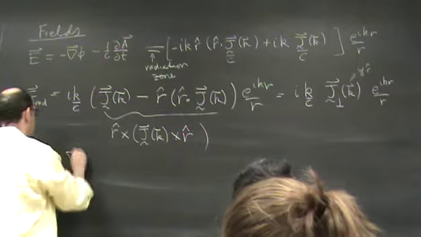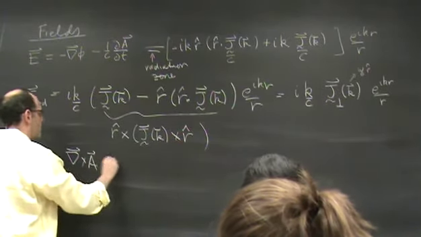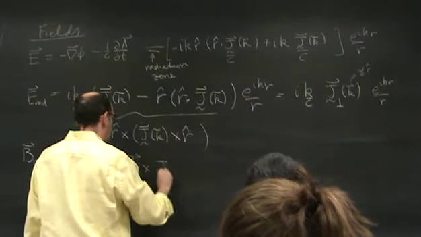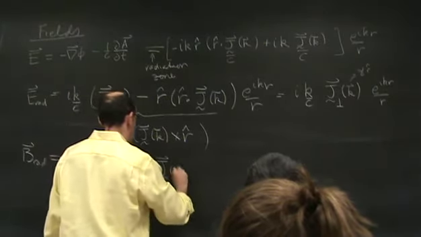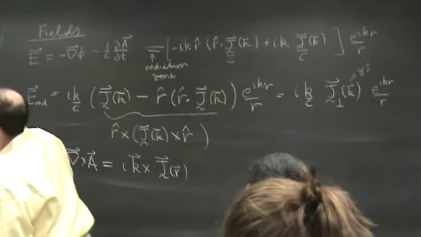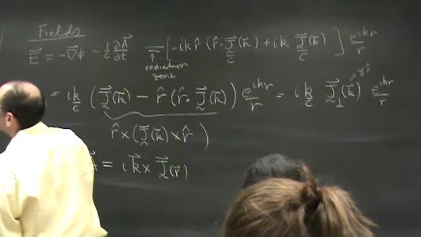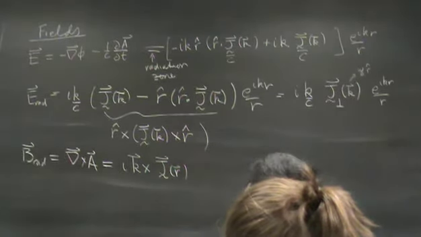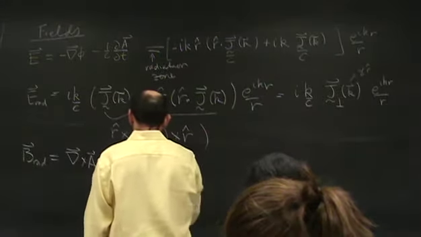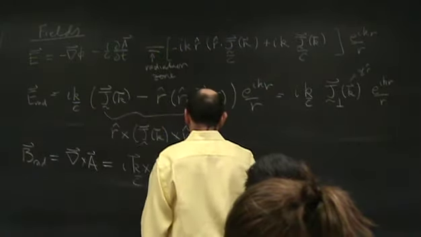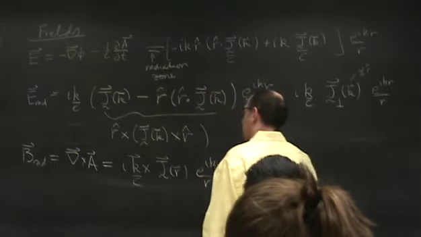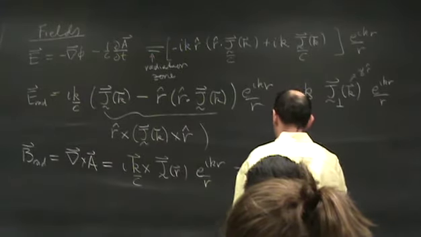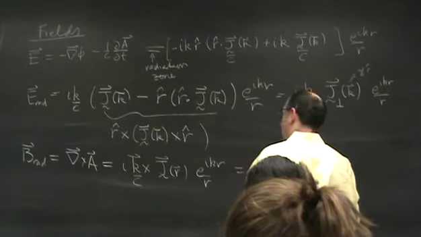Well, the magnetic field is just del cross A, which is i k crossed into J, using the vector potential over here, e^{ikr}/r, which is ik over c r hat crossed into J.